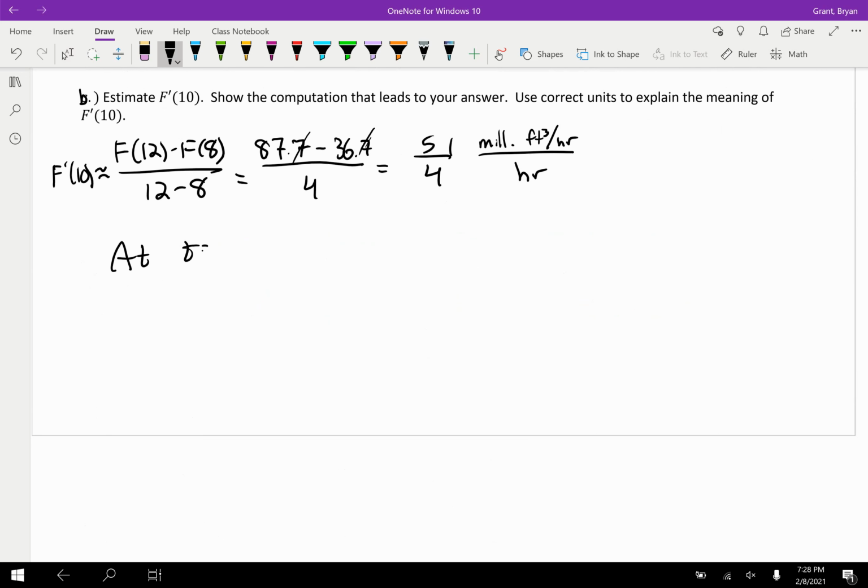At t equals 10, derivatives measure an instantaneous rate of change at one specific time. So at t equals 10, what's changing? Well, how do we say this?